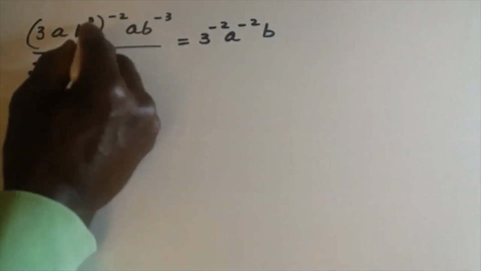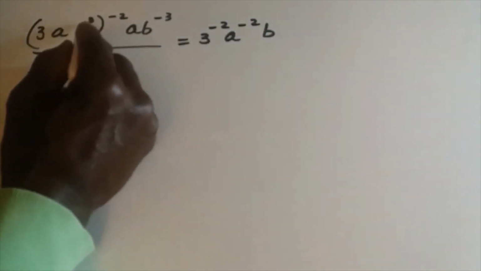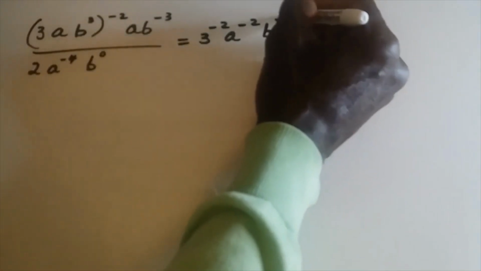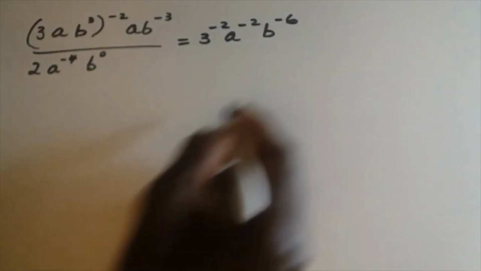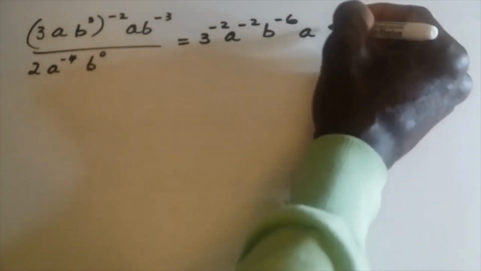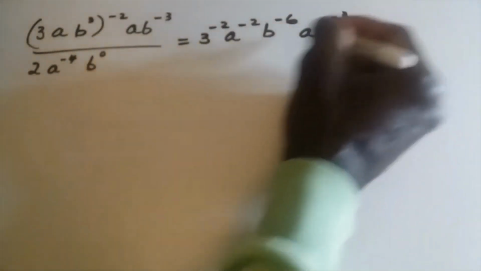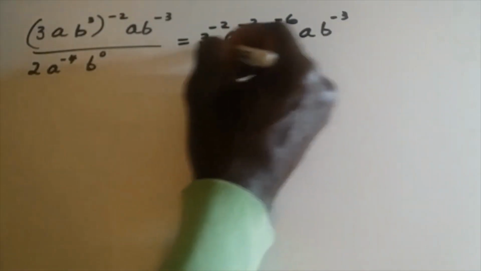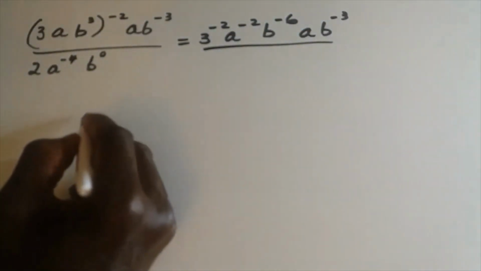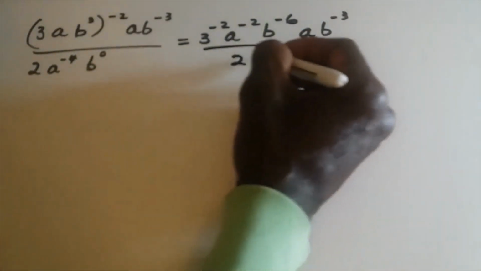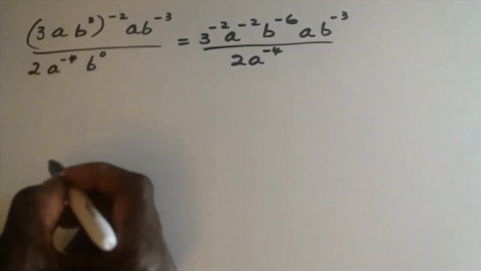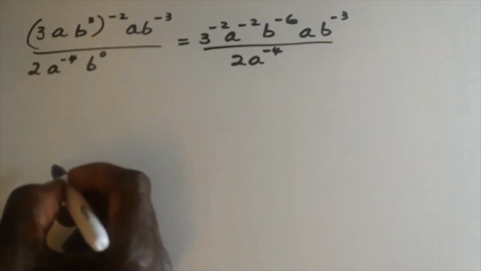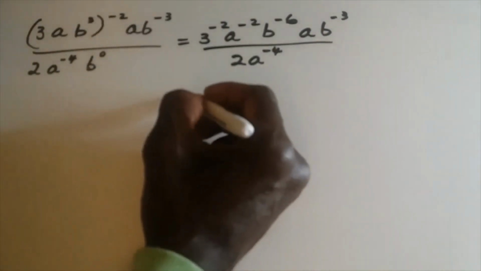Now this is b cubed, so this becomes b to the minus 6. And we have this as it is. And 2a to the minus 4 in the denominator. B to 0 is 1, so we're still left with 2a to the minus 4.